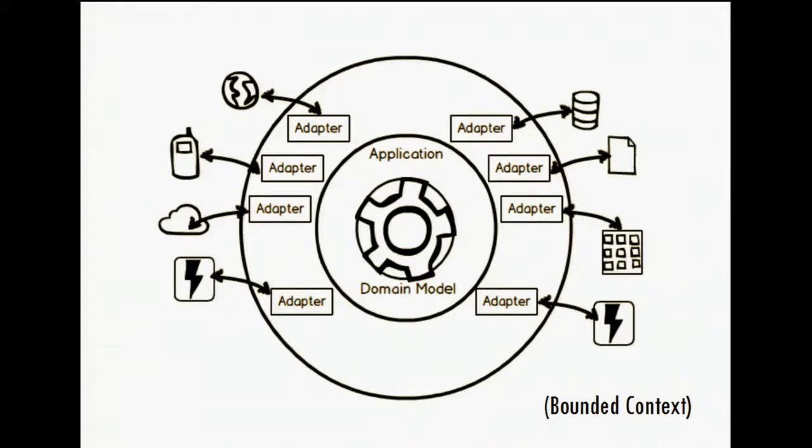So the ports are at the outside of the architecture. In this architecture, there's actually only an outside and an inside. And at the inside, as you see at the top of the inner circle, is application, and that inner circle is the domain model. Okay? So we actually create an API of sorts around the domain model.